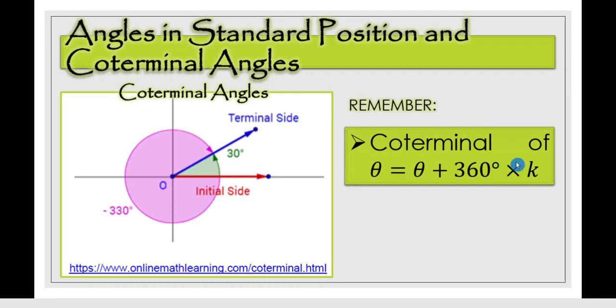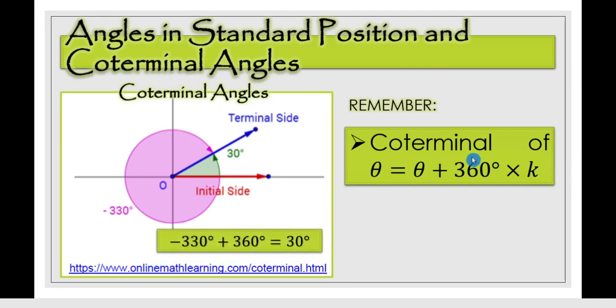So, also we have to remember, para natin mahanap yung coterminal ng isang angle, we have to take the given angle plus 360 degrees times k, and then yung k na yon depends sa ating rotation o yung bilang ng rotation from initial side. Halimbawa, 2 beses ka umikot, kailangan times 2. Pag isang beses, times 1.